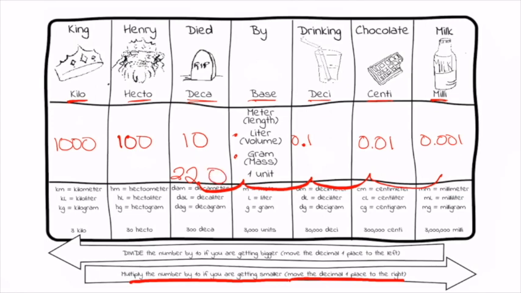So we can add in zeros. So 22 decameters is equal to 220,000 millimeters.